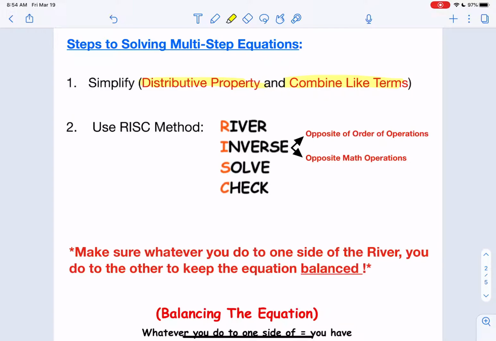Once you're done simplifying, then you're going to do the RISK method, which is the river inverse, which means opposite of order of operations and opposite of math operations. You're going to solve and then you're going to check. So really the only difference between multi-step equations and two-step equations is you need to make sure that you simplify before using the RISK method.